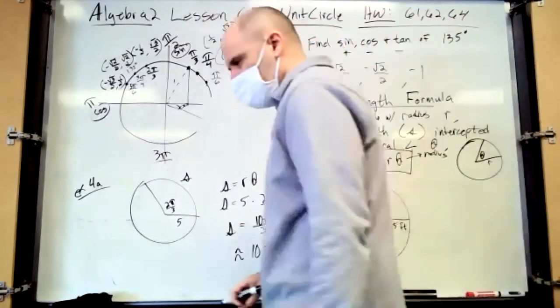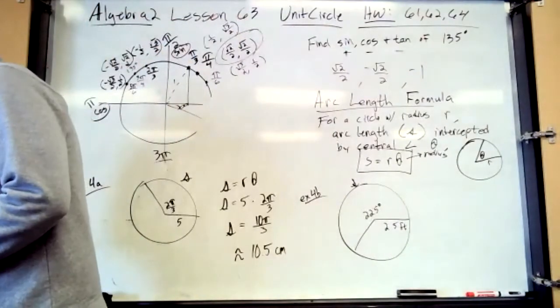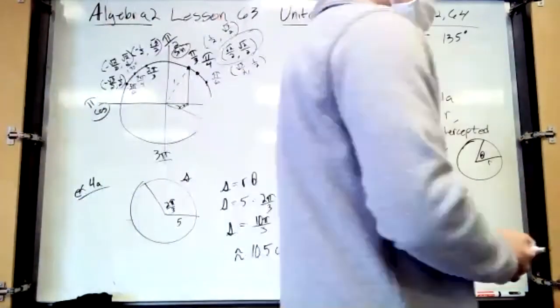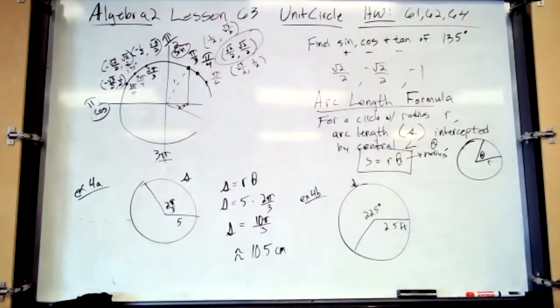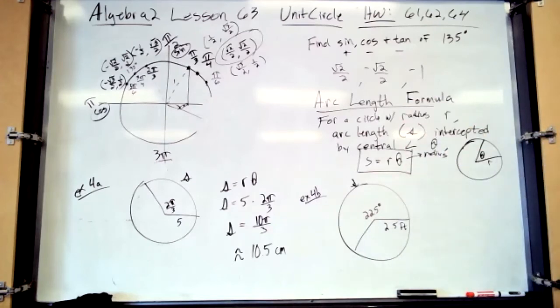Give an answer in terms of pi, and then give me an approximation. I don't think you can do this one in your head. So it's really just plugging it into the formula. But the trick is, well, what's theta? Go over here and see if you can figure out what theta is.